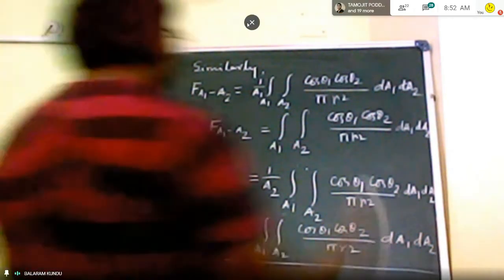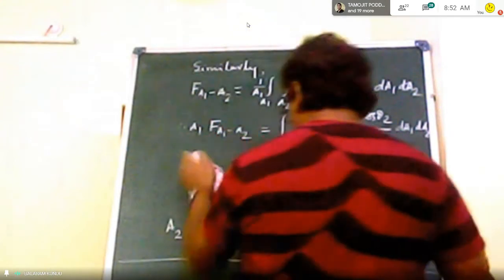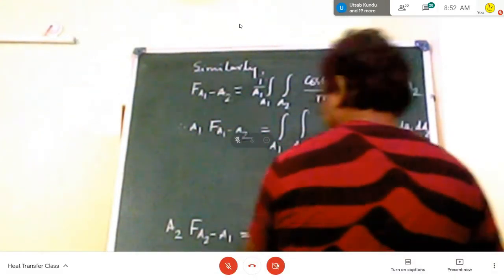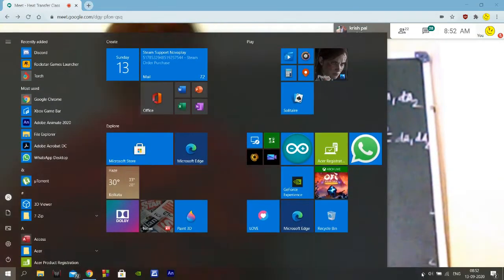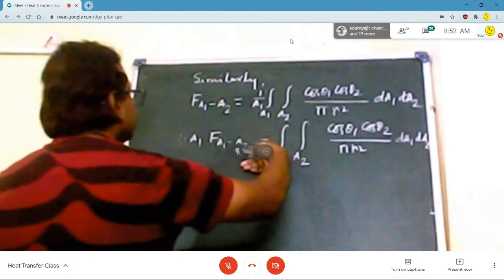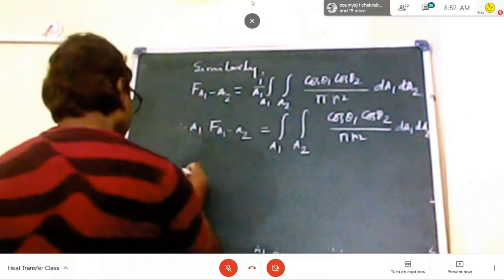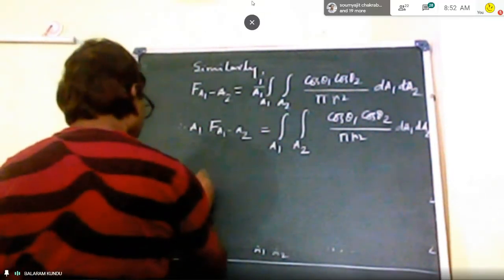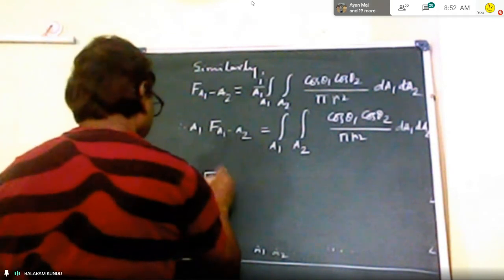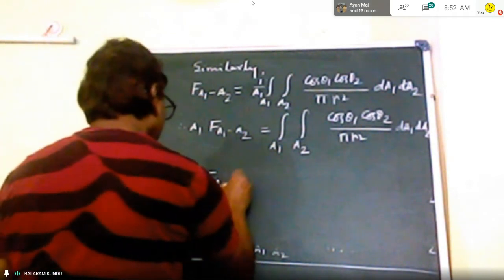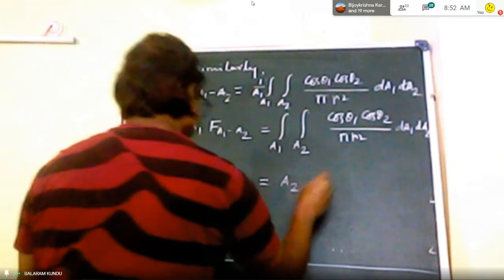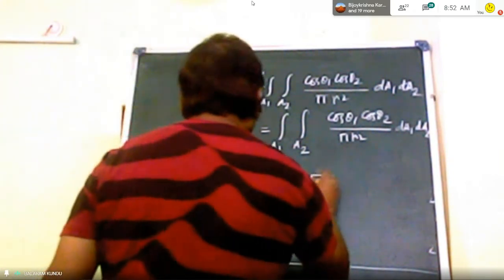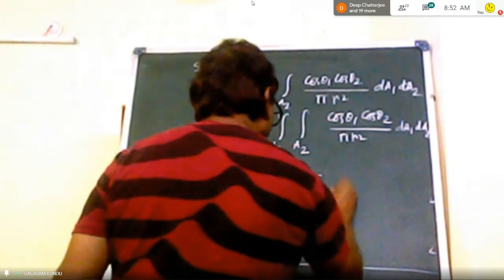Combining this expression and the previous expression, we can write A1 into shape factor F A1 to A2 equal to A2 into shape factor F A2 to A1.